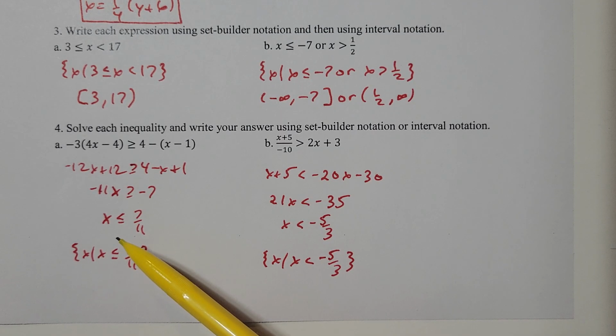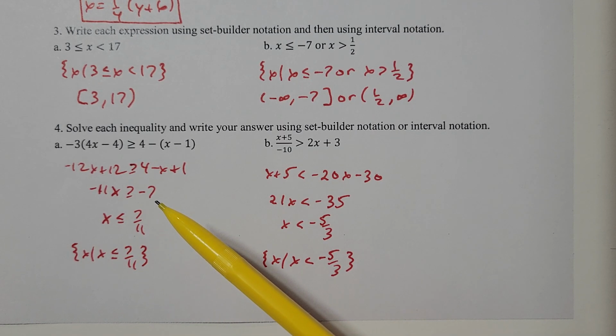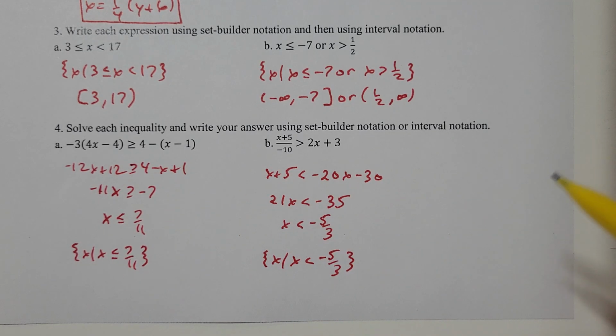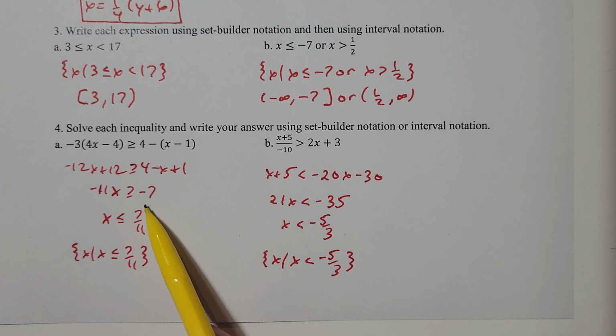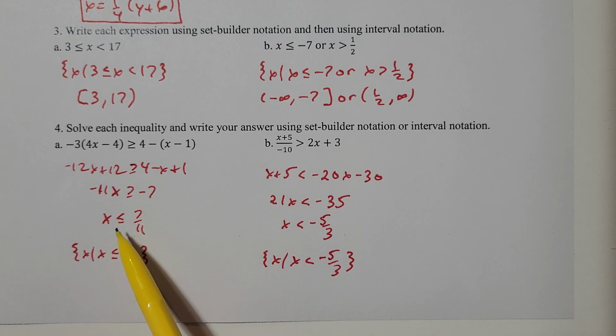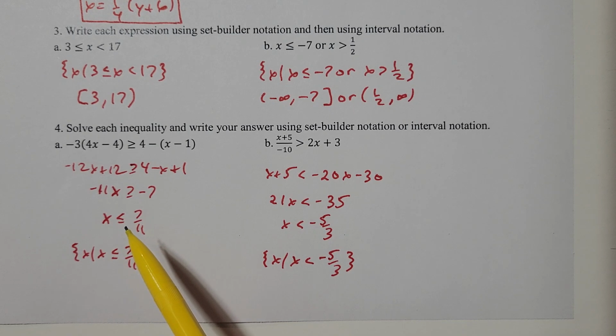Make sure that you do that. A common mistake with these problems is that students don't remember to flip the sign and they get a wrong answer. Because I'm going to divide both sides by -11, I have to flip the sign. Otherwise, what I'm saying is not true.